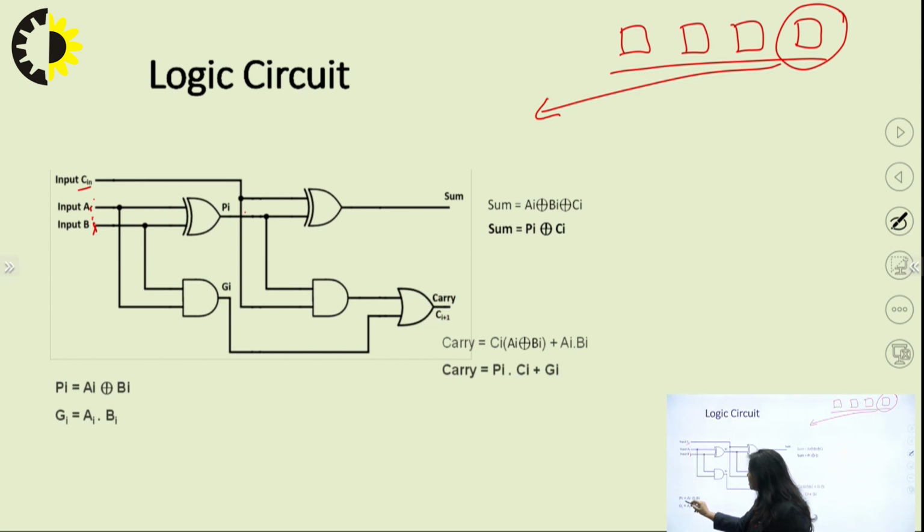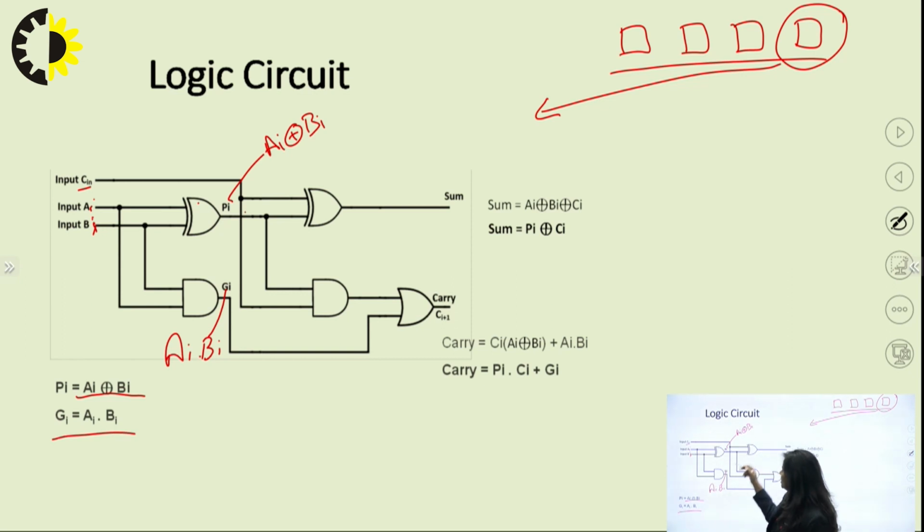PI is nothing but AI XOR BI, because this is giving as output AI XOR BI. Okay, this is the value of PI. And again GI, you can see because there is an AND gate, so the value is AI dot BI. So this is generating AI BI, and PI is nothing but AI XOR BI.